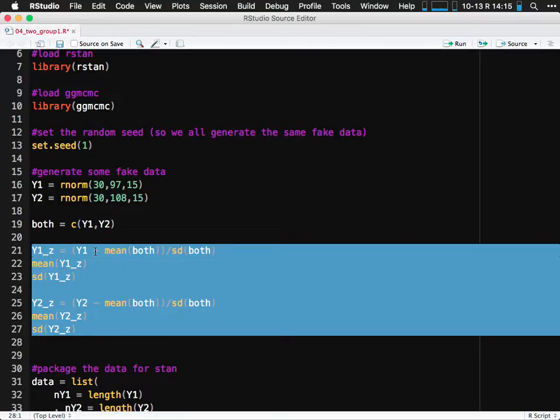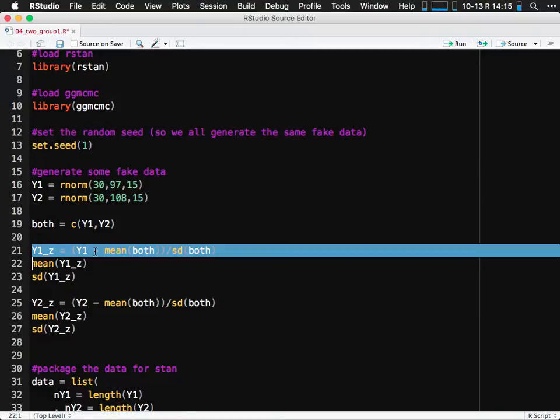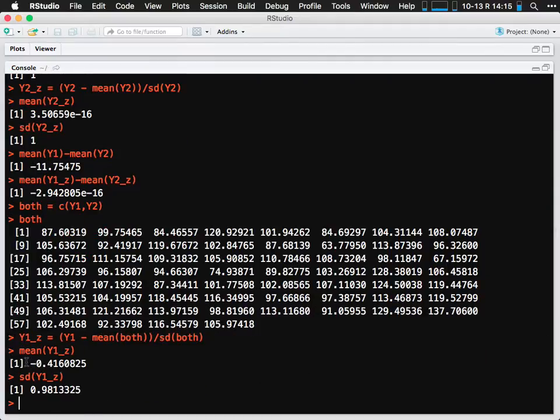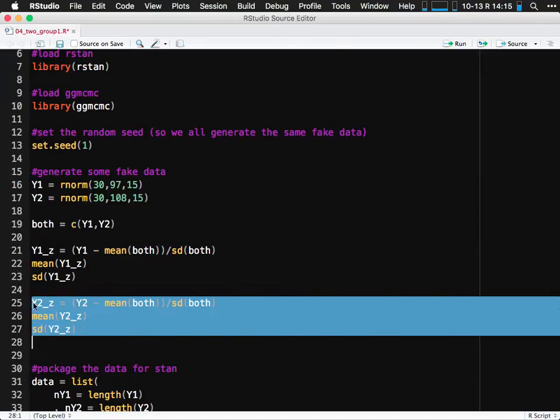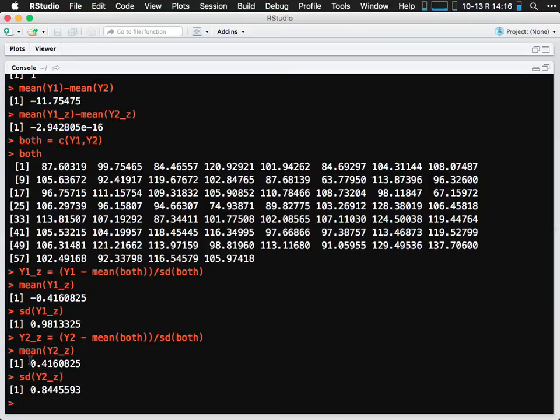So what this should yield is z-scores where the mean of each group will be slightly different from 0. And ditto, the standard deviation of each group is going to be slightly different from 1.